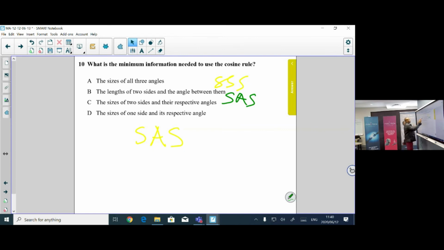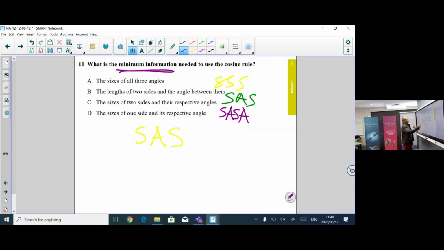Because we are looking for two sides and an angle between. Number 3, on the other hand, is a side, and then we also have an angle in between. So it's sort of a mixed bag. This one, it's not minimum.